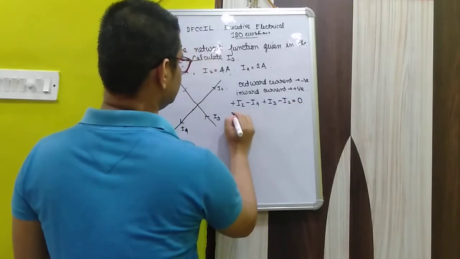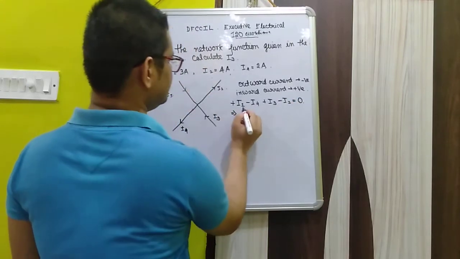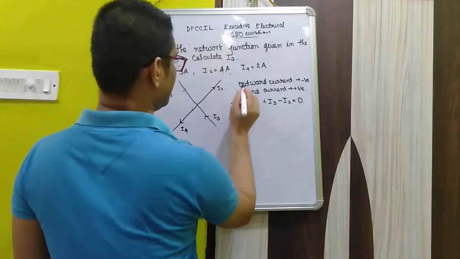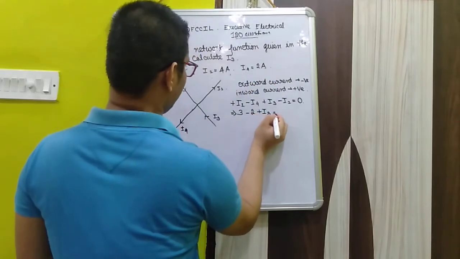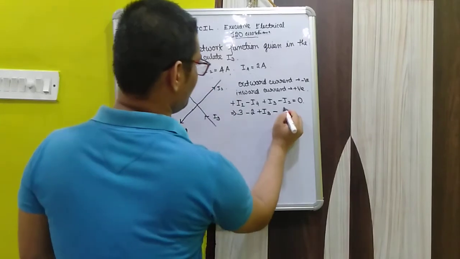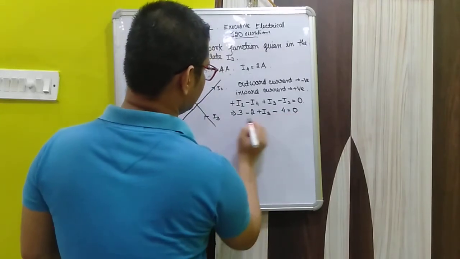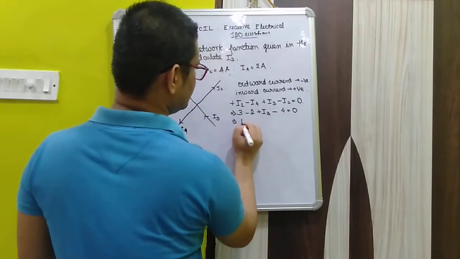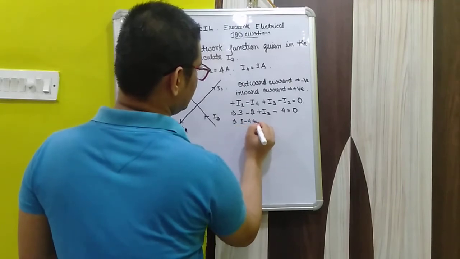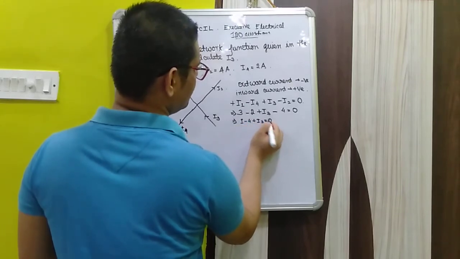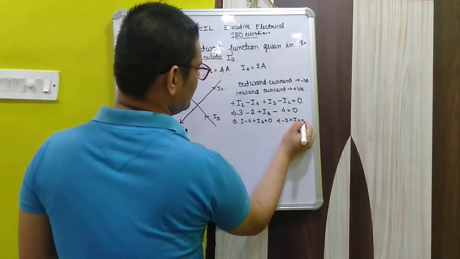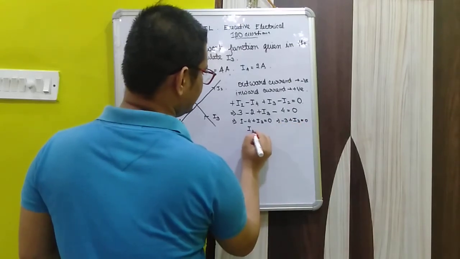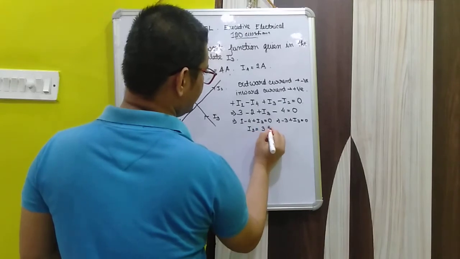Now we put the values here. I1 is 3, minus I4 is 2, plus I3 we have to calculate, and minus I2, which is 4, is equal to 0. Now 3 minus 2 is 1, minus 4 plus I3 is equal to 0, so minus 3 plus I3 is equal to 0, and I3 will be 3 ampere.